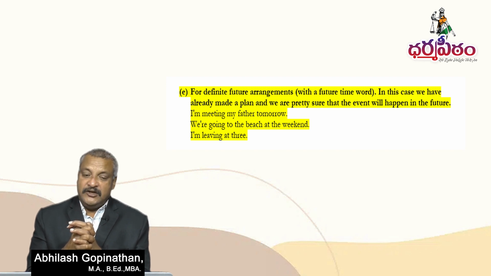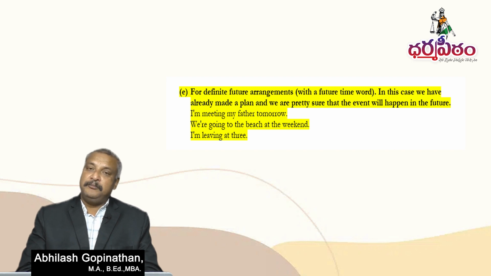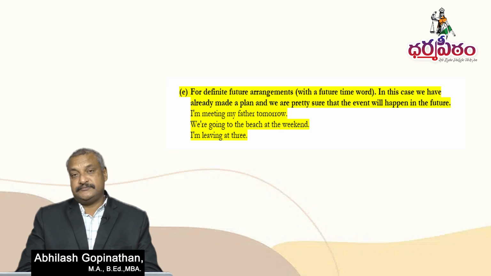Or we can say, we are going to the beach at the weekend. So this weekend, it's fixed that there are no other programs, but we are going to the beach. It's fixed, it's planned. Or, I am leaving at 3. I will be available only up to 3 o'clock in the evening, and at 3 I will be moving out. It's fixed.